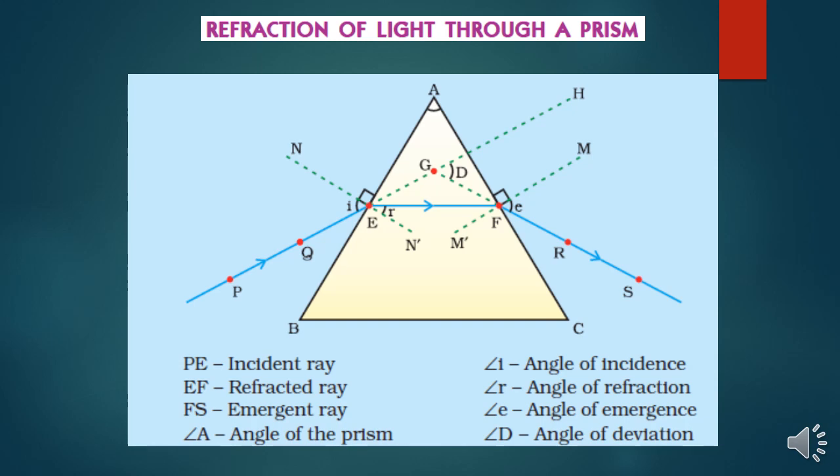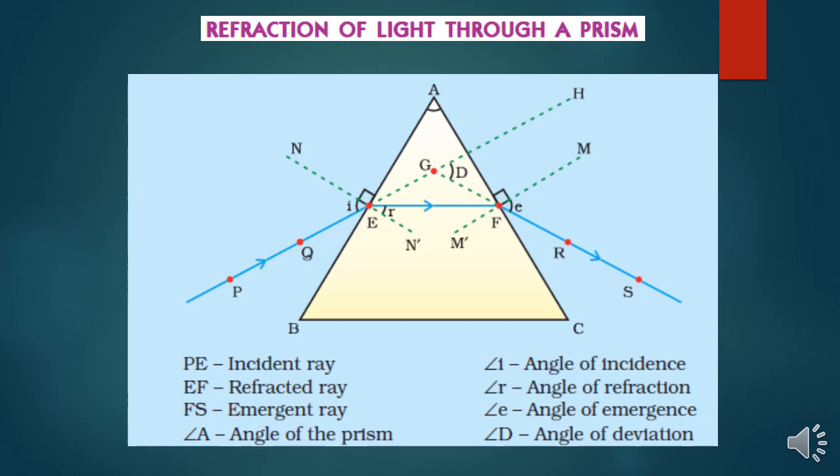Now the ray comes out of the prism from the face AC. You can see one face is AB, from where the light ray entered, and face AC of the prism is where the light ray came out. It came out from F and continued to S. So you can say that ray FS is the emergent ray.